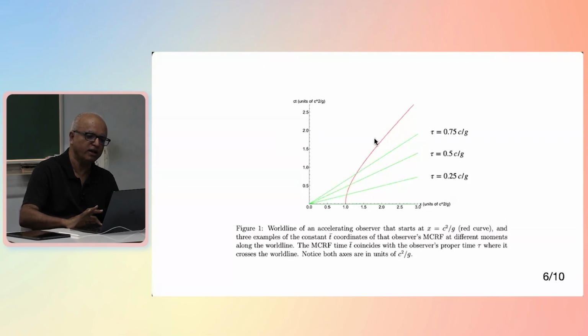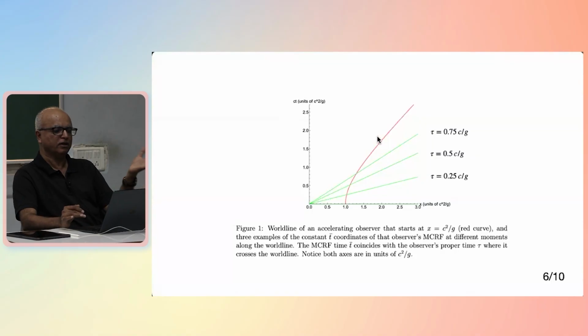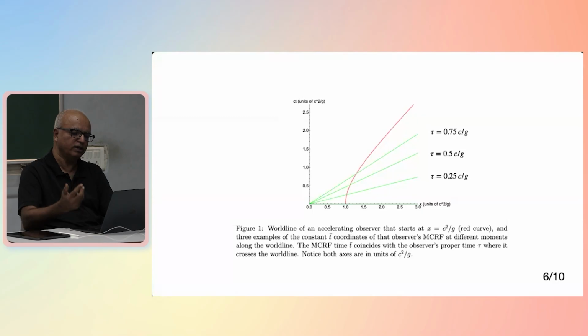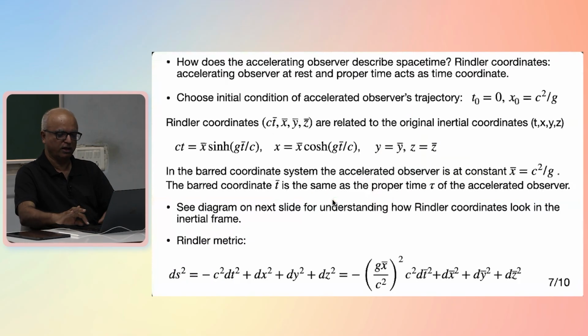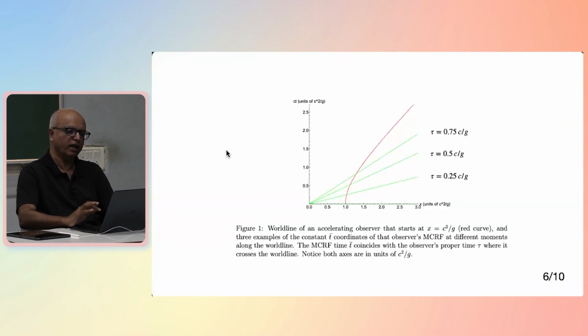As you are speeding up, the MCRF changes to higher velocities, and you will meet that MCRF at different times, given by t bar. The t bar equals constant lines are straight lines in this plot. The MCRF time t bar coincides with the observer's proper time where it crosses the world line.